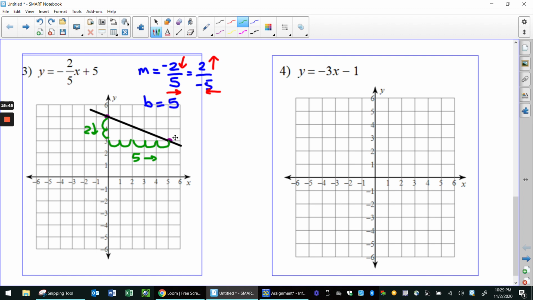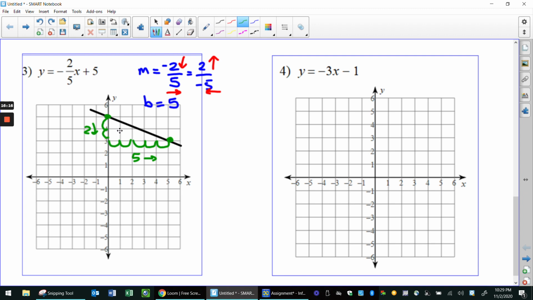And right here. Well, then I wanted to go ahead and do positive 2 over negative 5. I would have had to start here, gone up, but my graph didn't allow me to do that. I didn't have enough graph. So you guys might be able to do that, which was great, but mine didn't. But that's okay. If you have just 2 points, you're good to go. You don't need necessarily 3 points.